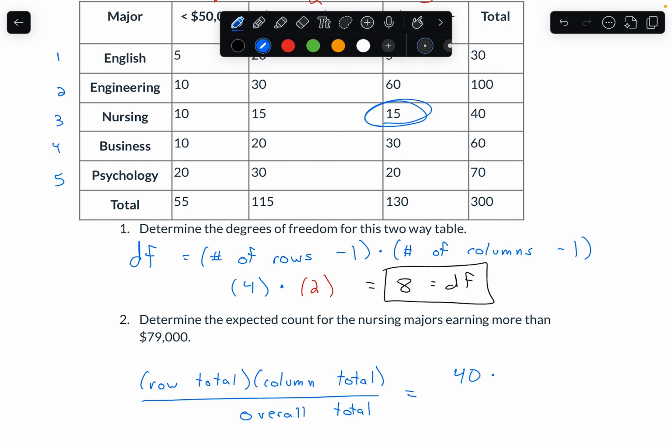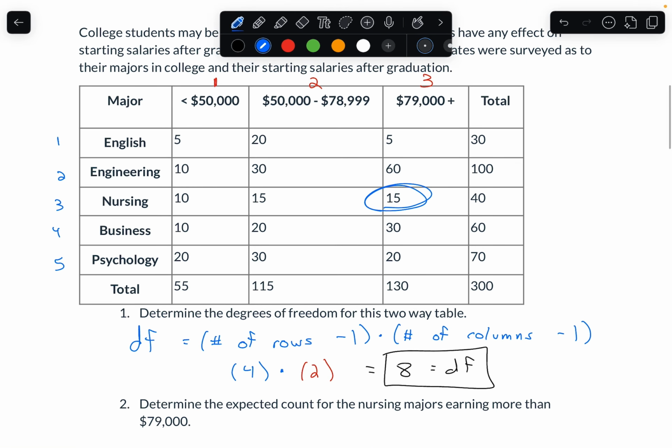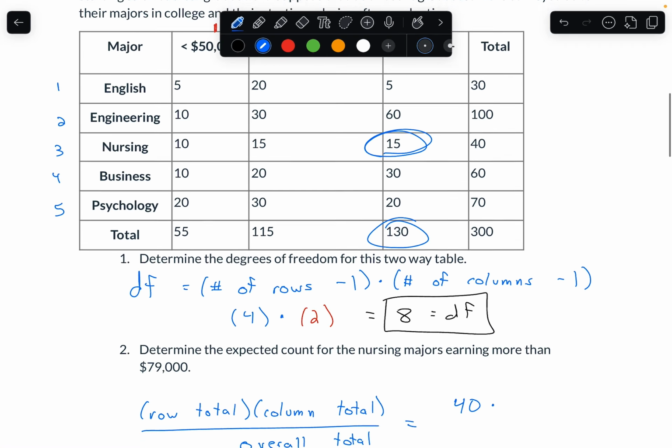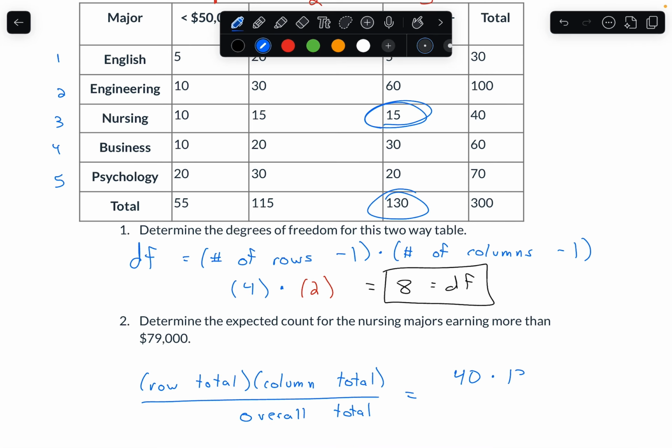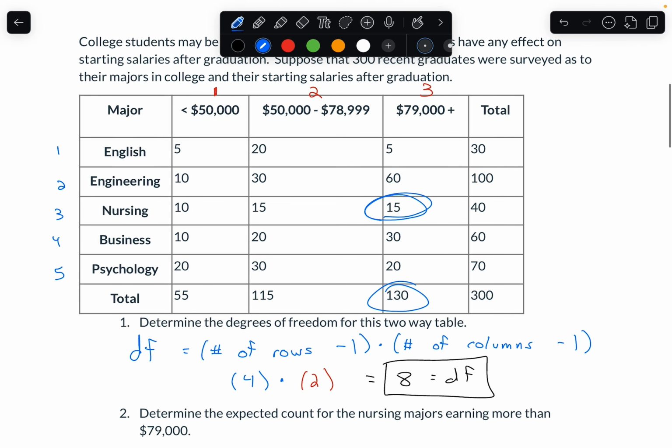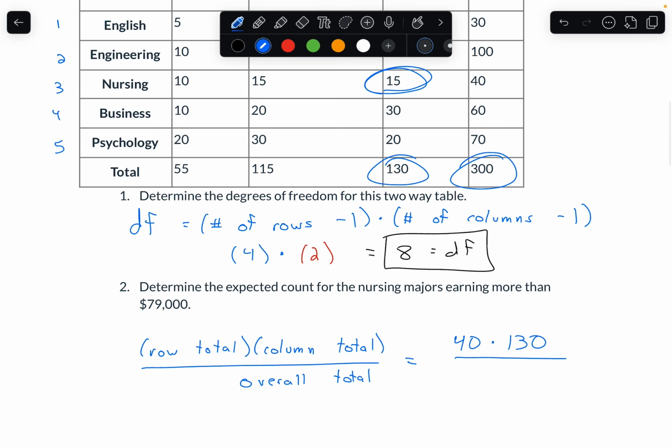40 times my column total. Overall, the total number of people earning more than 79,000 is 130. So 40 times 130 divided by my overall table total. In this case, we've got 300 people in my survey. So let me grab my calculator real quick. We've got 40 times 130 divided by 300.